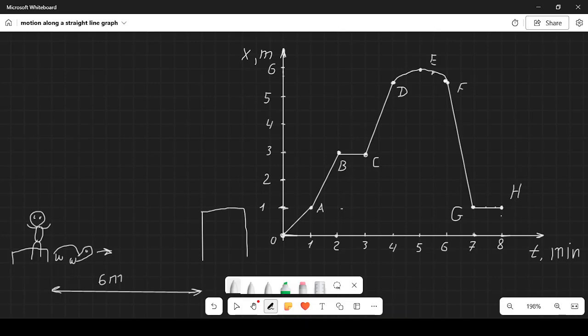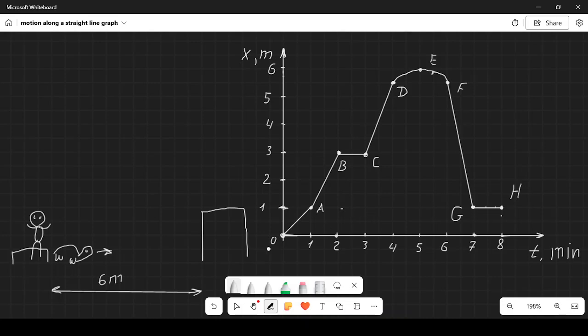It was 5.5 meters between the turtle and the bench, and here 1 meter. So during 1 minute, the change in position of the turtle is 5.5 - 1 = 4.5 meters. So the speed of the turtle is 4.5 meters per minute.